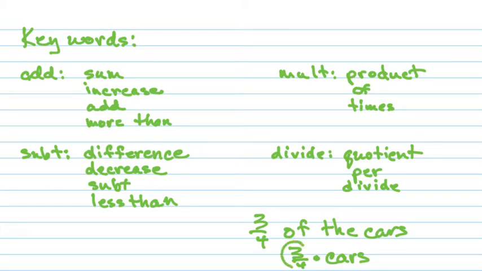But remember, when you're multiplying with fractions, what you do is you take the whole number divided by the bottom and then multiplied times the top. But the only way you can do that is if this is multiply. If it was divide, then you would end up with 3/4 divided by the number of cars, and you would get a tiny little decimal that would not work. Okay?